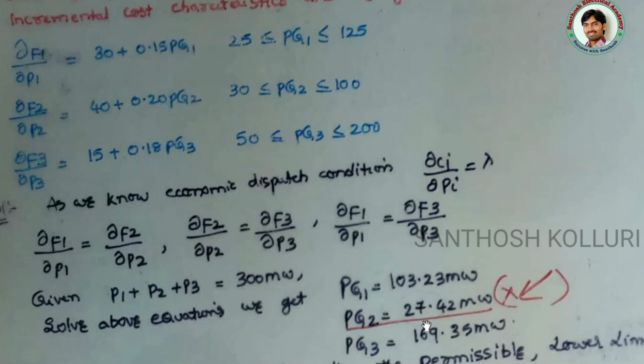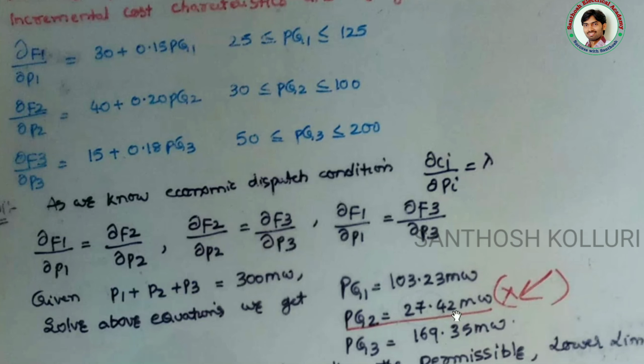So what we have to do here? We need to set for the nearest value of the constraint. The nearest value is the minimum value. Hence you have to set the value for 30 megawatts only. So you should not write 27.42 megawatts because the minimum constraint for the generator is 30 megawatts only.